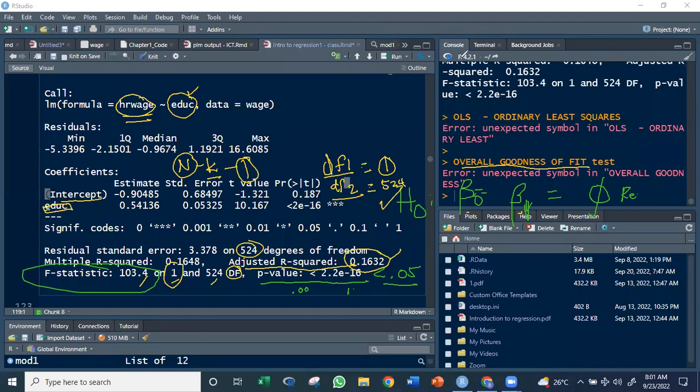All right, I hope that's clear. Any questions, class, before I clear this? Pa-chat naman please kung clear so far yung review natin na to ng anatomy ng regression output natin. Lahat kasi ng regression ganito, di ba? So it's important for us to understand kung ano yung mga laman nitong regression output natin.